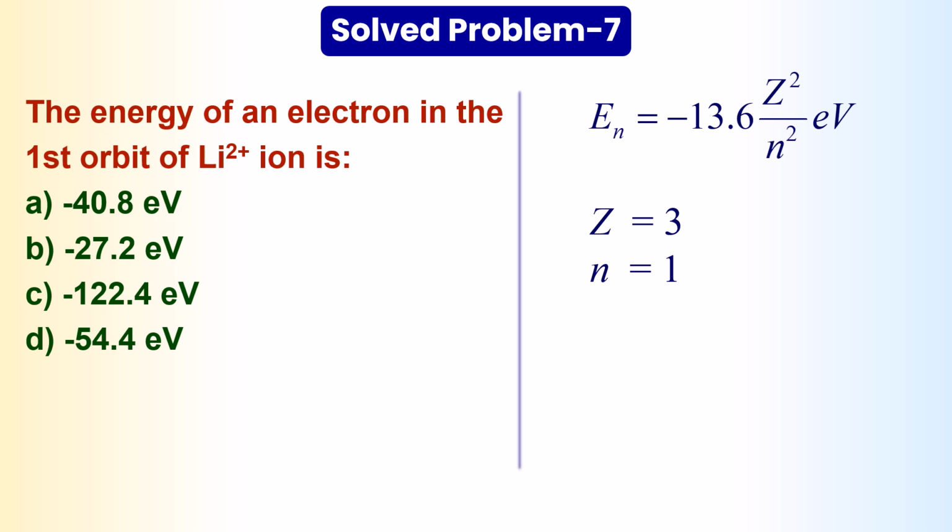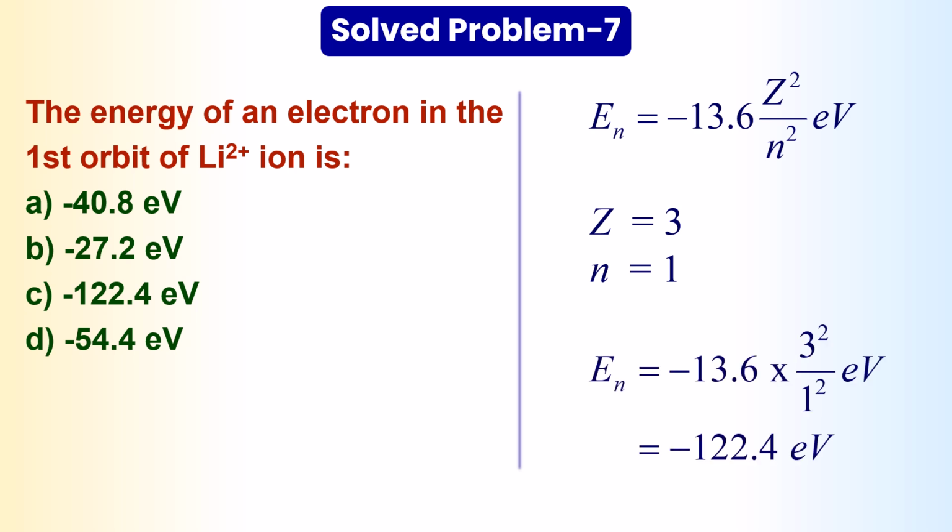Also, n is equal to 1 because the electron is in the first orbit. Substituting these values into the formula, we get minus 122.4 electron volts. Hence, the correct answer is option C. Again, we can see that the energy becomes more negative due to the increase in nuclear attraction.